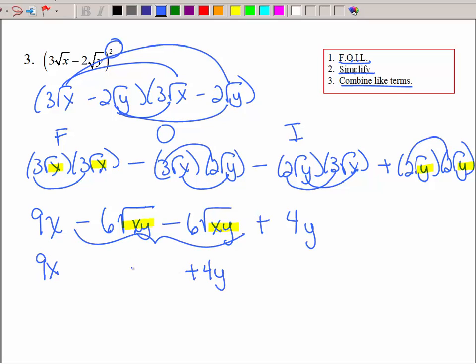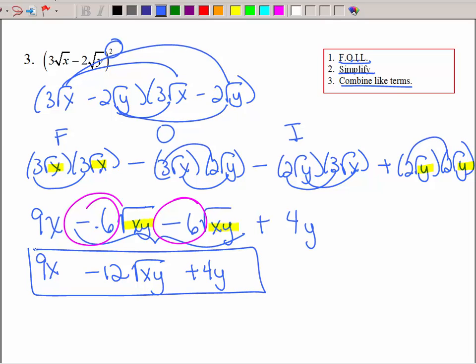But remember, when you have like radicals, you keep the radical, but you add or subtract the coefficients. So negative 6 and negative 6 is negative 12. So write it out twice because of that squaring, a step at a time: first, outer, inner, last, that FOIL method, simplify, combine like terms.